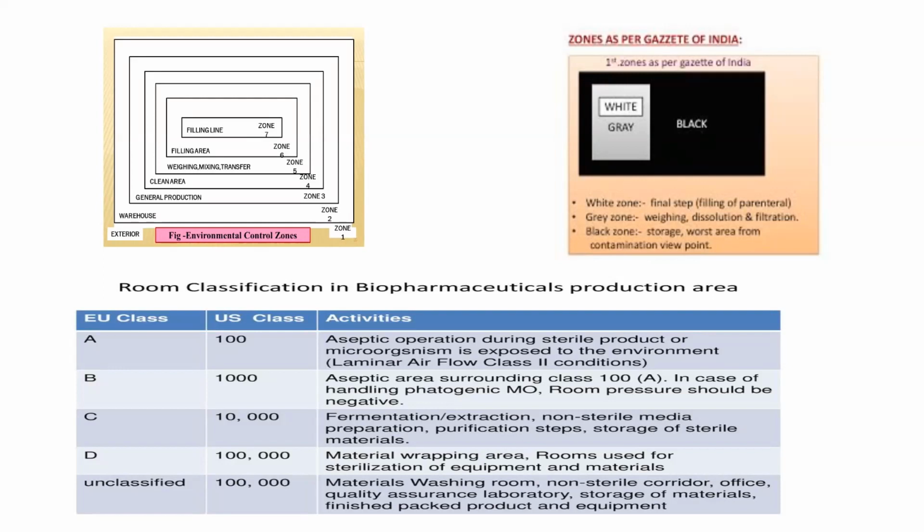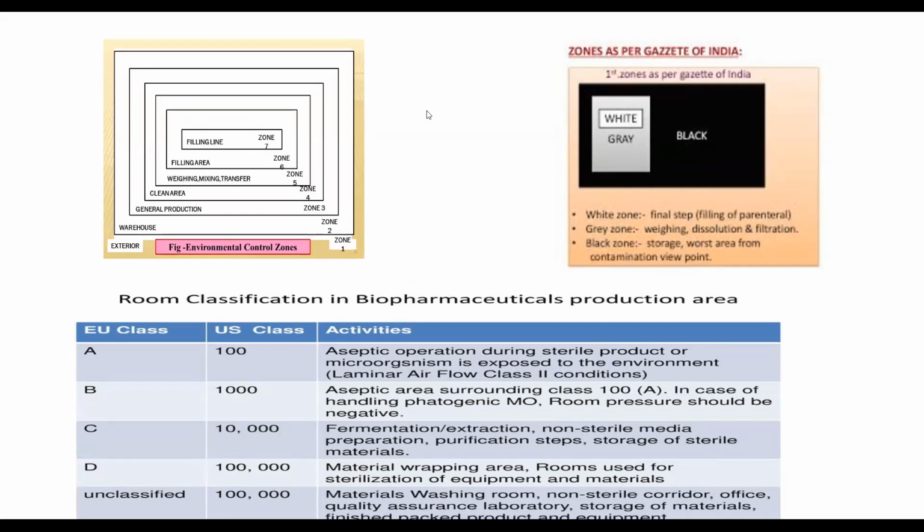Similarly, we have further classifications as European classification, US classification, ISO classification. Europe classifies as A, B, C, D class, and as you progress from A to D, the air quality decreases. US classification says class 100, class 1000, class 10,000, class 1 lakh, class 10 lakhs.